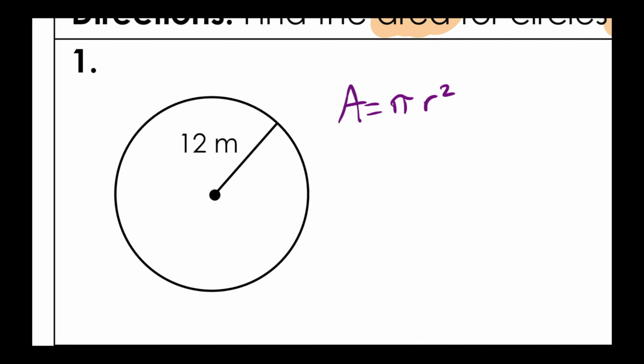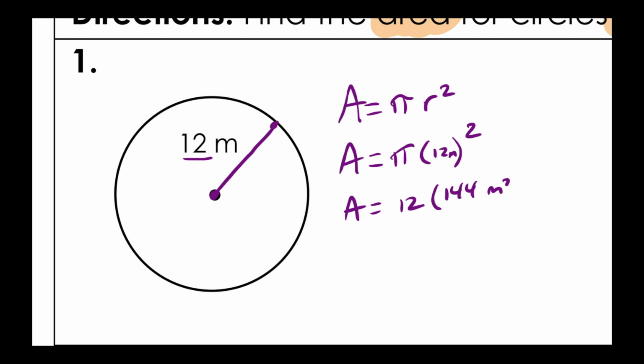Okay, so that means area is pi times, what's the radius? The radius here is 12. They tell you radius is from the middle to the end. It's 12 meters. And when I square the number, I'm also squaring the units. So the area equals pi times 144 meters squared, because you also square that. Did I say 12 right here?